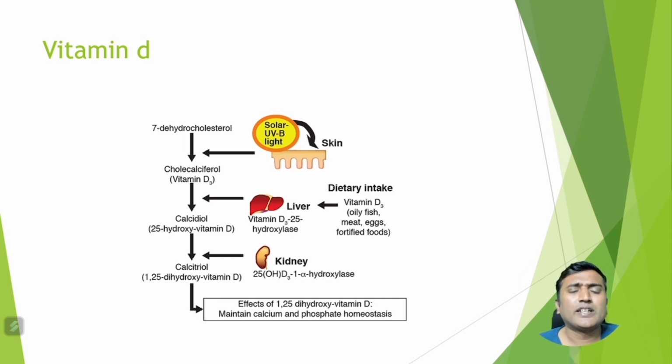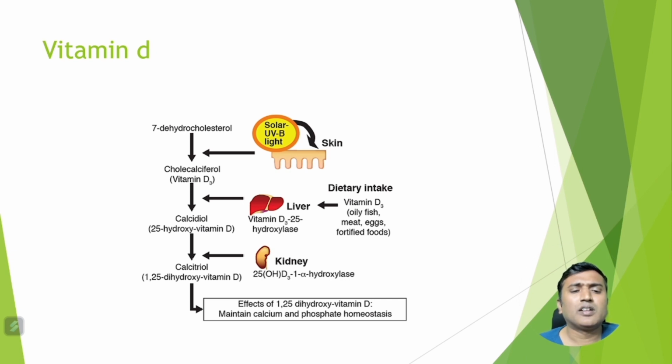So there is another vitamin which is also a steroid, and as a part of finishing everything in steroids, I'm also mentioning vitamin D. So vitamin D is normally synthesized through sunlight, that is ultraviolet B rays.